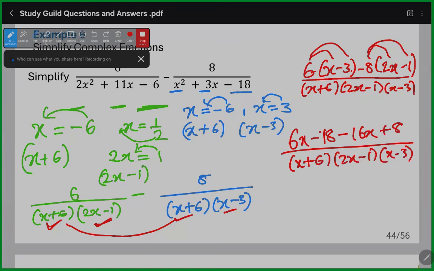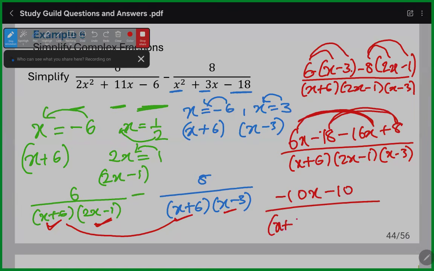So collect like terms, these two, okay, because they have x and x. So 6x minus 16x will give you negative 10x. So also negative 18 plus 8 is going to give you negative 10 over x plus 6, 2x minus 1, x minus 3.